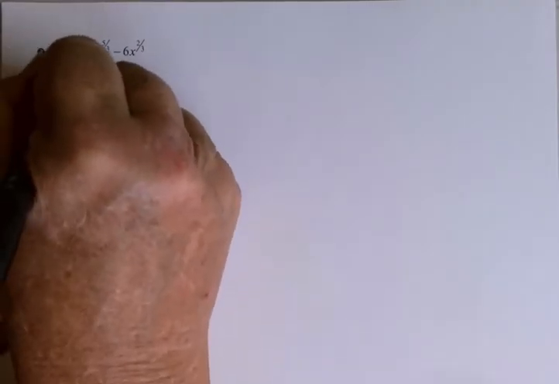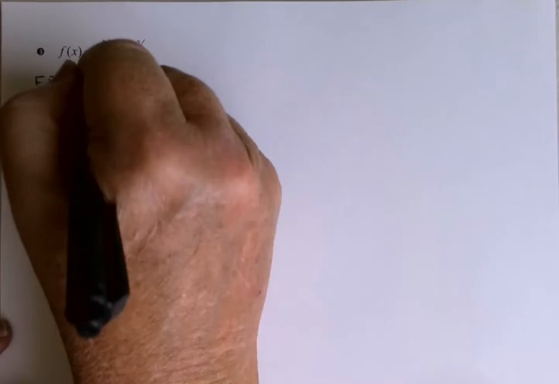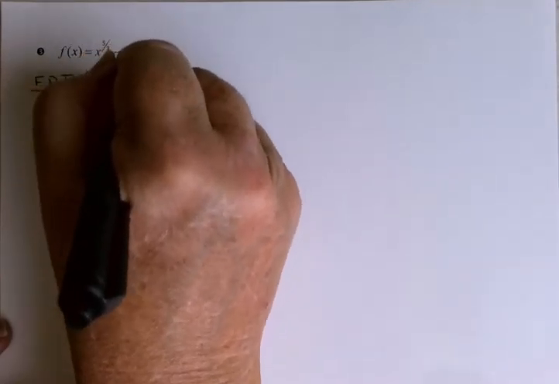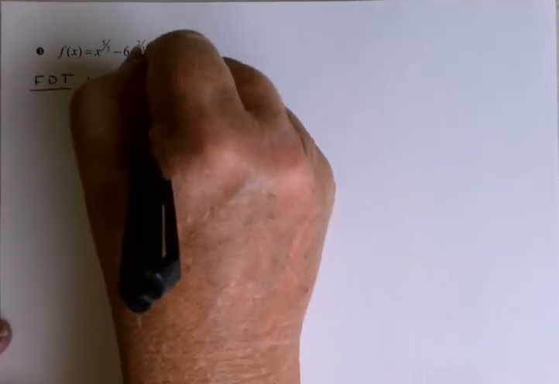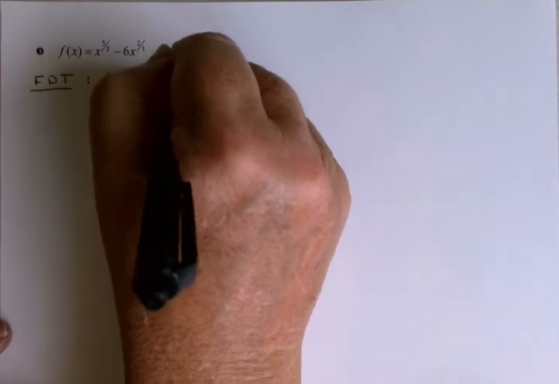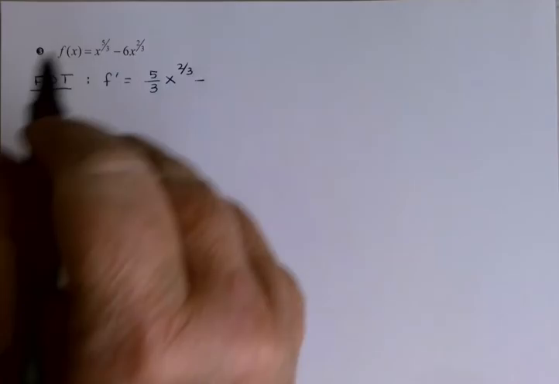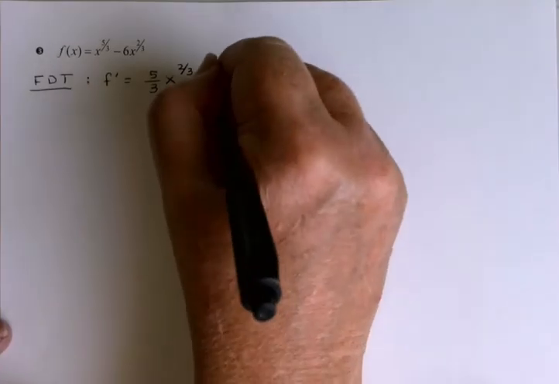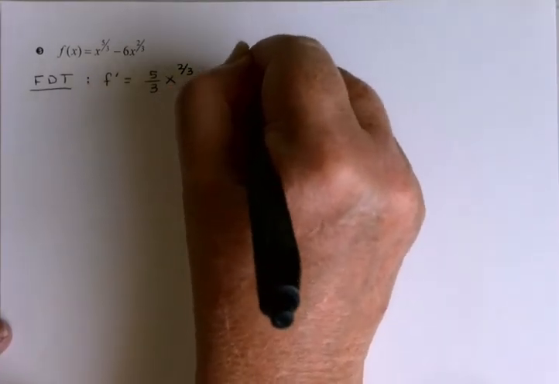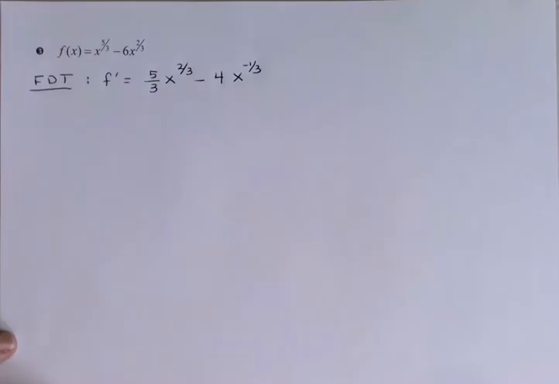So here's my first function. And when I look at my first derivative test, f prime would be 5/3 x to the 2/3 minus 2/3 of 6 would be 4 x to the negative 1/3.